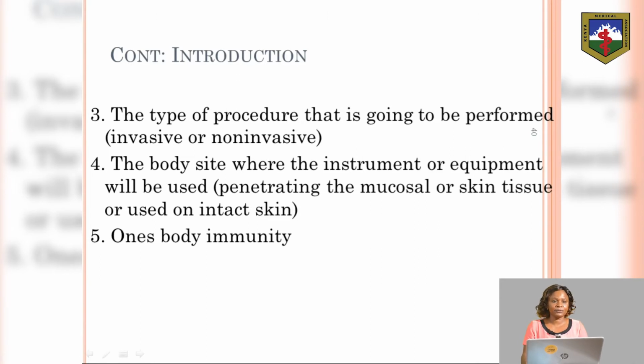Is it invasive or non-invasive? If it's invasive, the risk is higher than non-invasive. Then the site where the instrument is going to come into contact with. Is it penetrating the skin or not? And the last part of it is one's body immunity. That also plays a part in whether one will get infection or not.